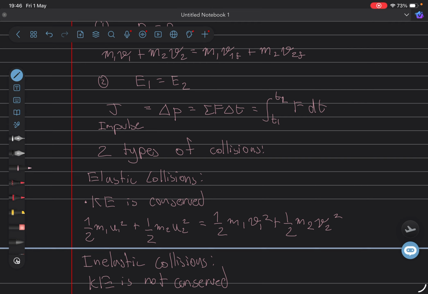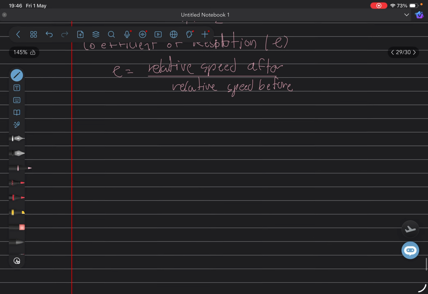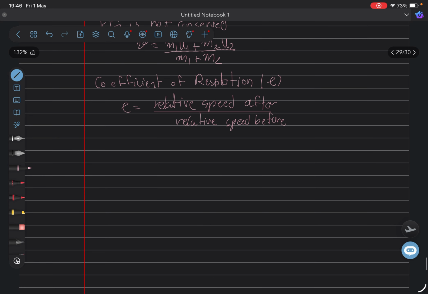In 2D collisions, as in most of physics, momentum will be conserved in both directions. So you have to split it into two parts. In 2D, the total momentum in the x is constant, and the total momentum in the y is also constant.